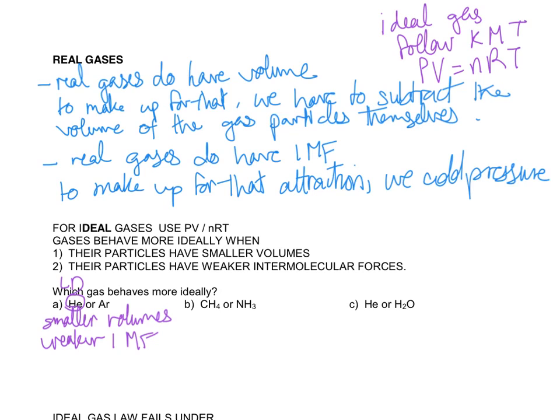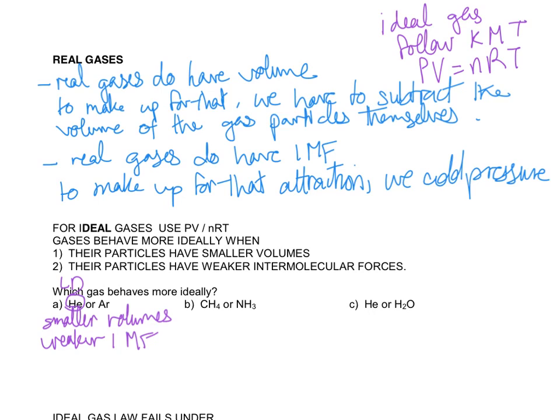Let's look at B. So methane, CH4, or NH3. That one is a little bit more difficult. Now, carbon is a tiny bit larger than nitrogen, but they're very, very close in their radius. They're right next to each other on the periodic table. Nitrogen's tiny, tiny bit smaller.